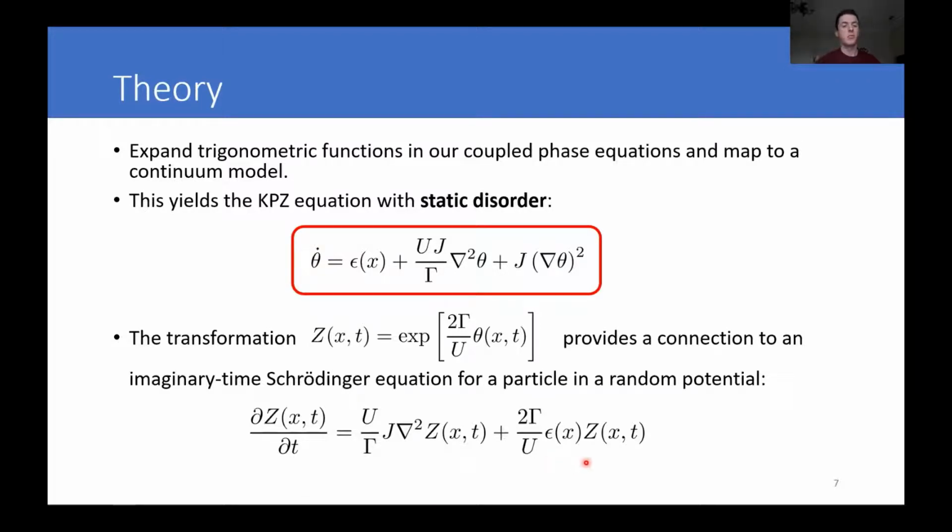We use Z for the wave function, partly to avoid confusion with the condensate wave function, but also because this model was used before to describe the partition function of directed polymers in random materials. But that's kind of another story.